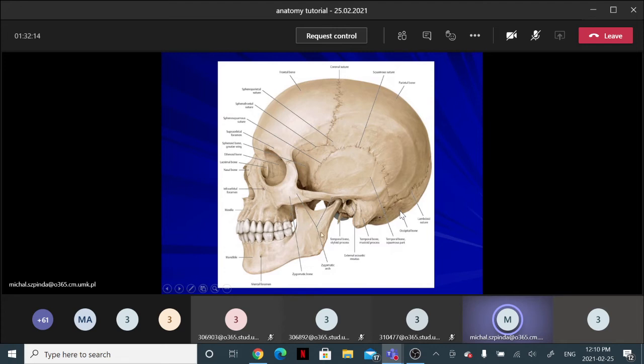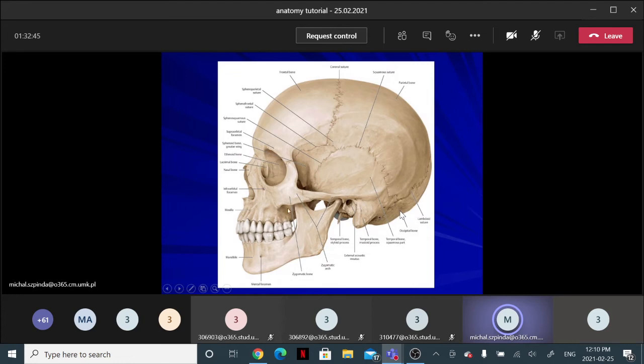The ramus of mandible, mandibular notch, such roughenings are called masseteric tuberosity. Just here is gonial angle, and here pogonium. Oblique line passing below the mental foramen towards the mental tubercle.